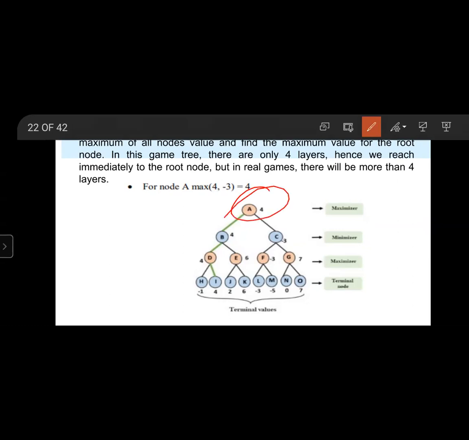What is the value? Maximum of 4, -3 equal to 4.